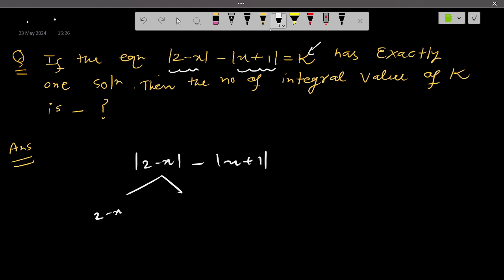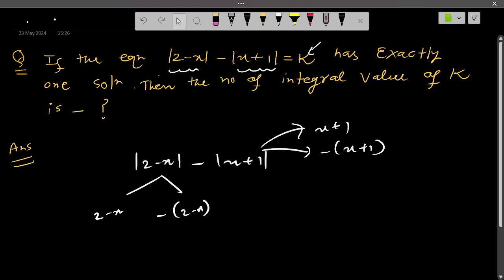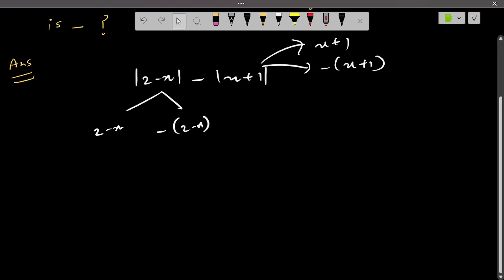One is the normal 2 minus x, another is minus of 2 minus x. Again this one has two parts, x plus 1, and the other one is minus of x plus 1. So definitely along with the conditions, okay? I will break it down a little bit more so that it will be easier for you.